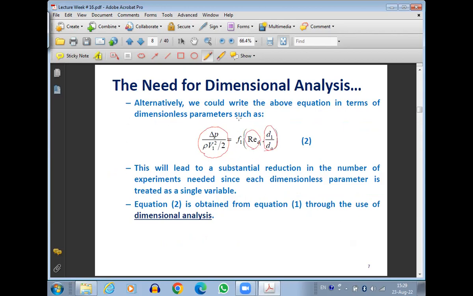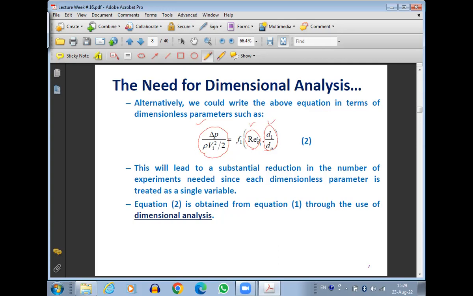This is going to provide the exact dependence of delta P over the other variables, the same way as it would have in the previous case. But since we have developed dimensionless variables, the number of parameters has reduced. Now it's just 1 parameter depending on 2 parameters.